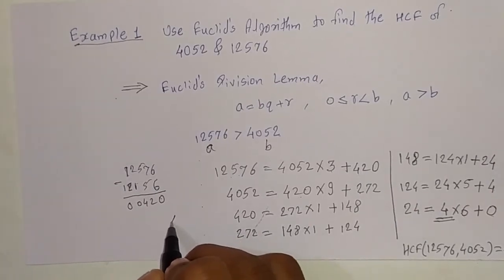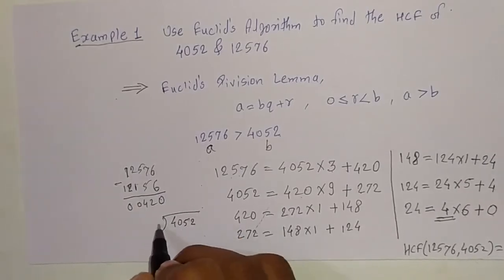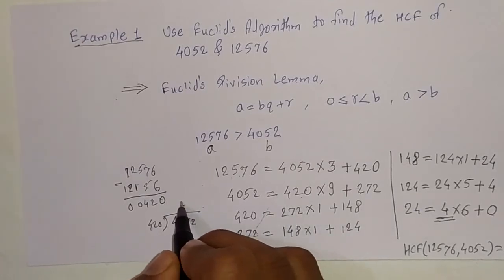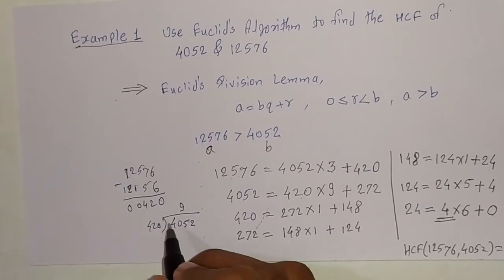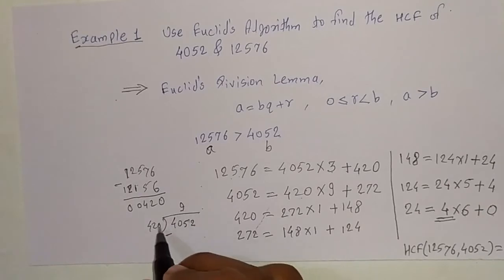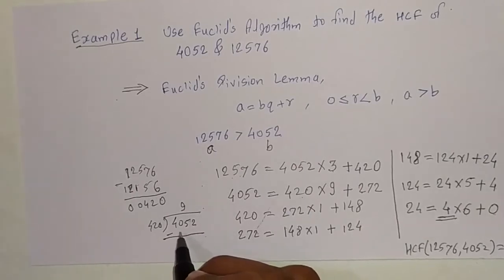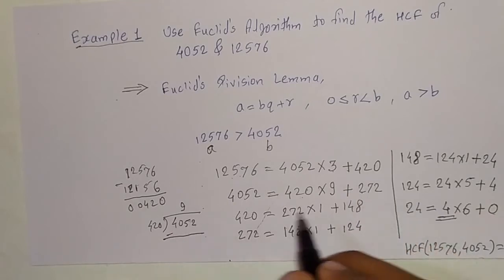If you divide 4,052 by 420, let's see this step. It will be 9. 9 will be the quotient, and you have to subtract this product from this number. Then you will be getting the remainder as 272.